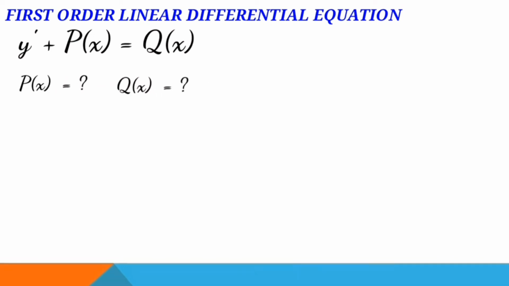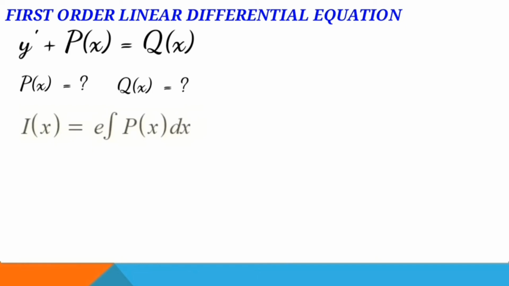Now the next thing we need to do is to determine the integrating factor, which is e raised to the integral of p of x dx. Now that we have the integrating factor, we can write the general solution to the differential equation.